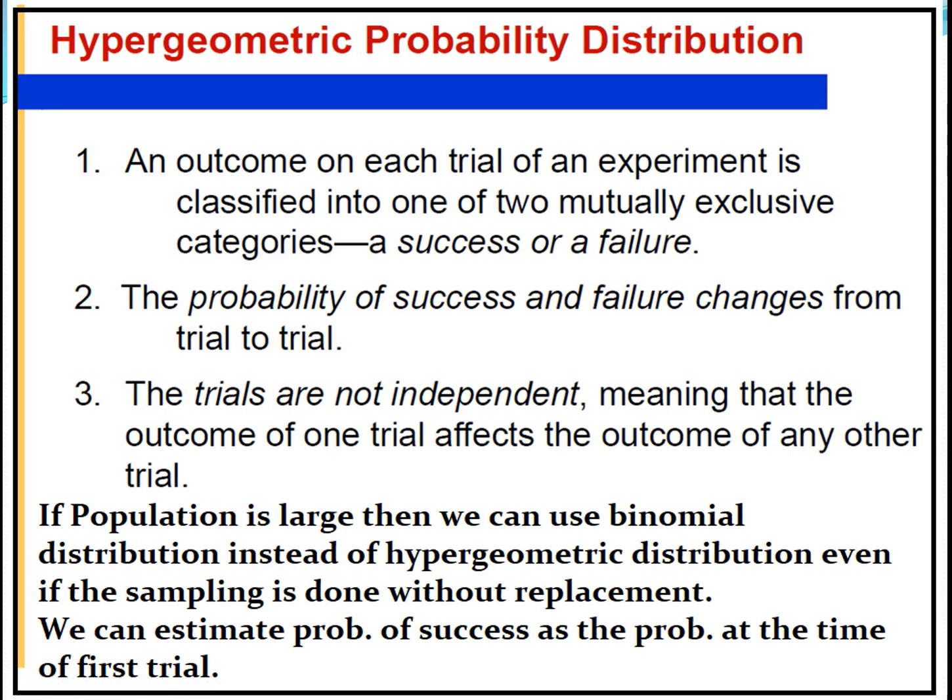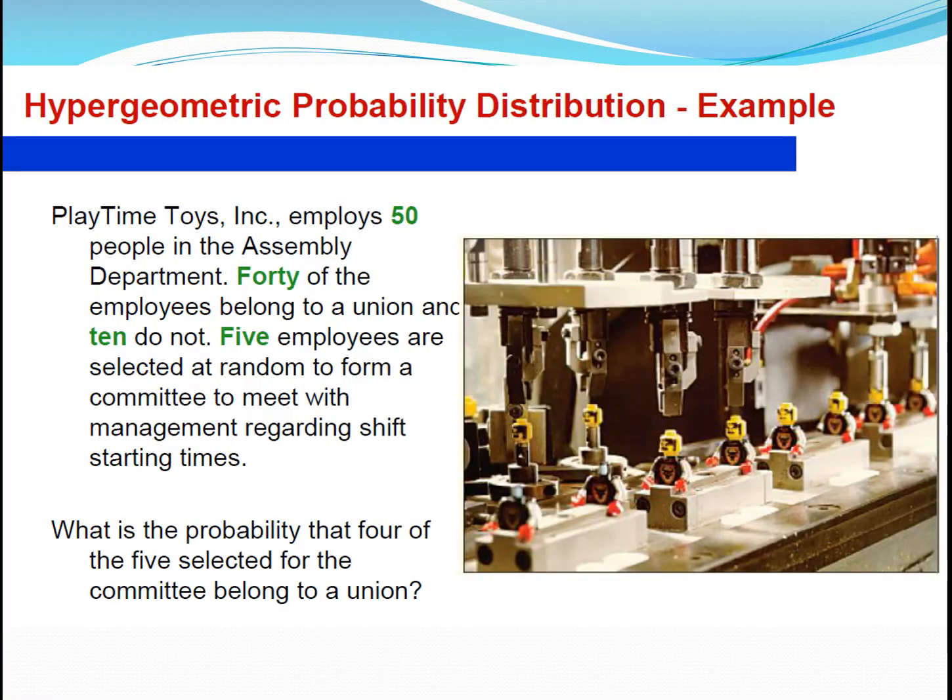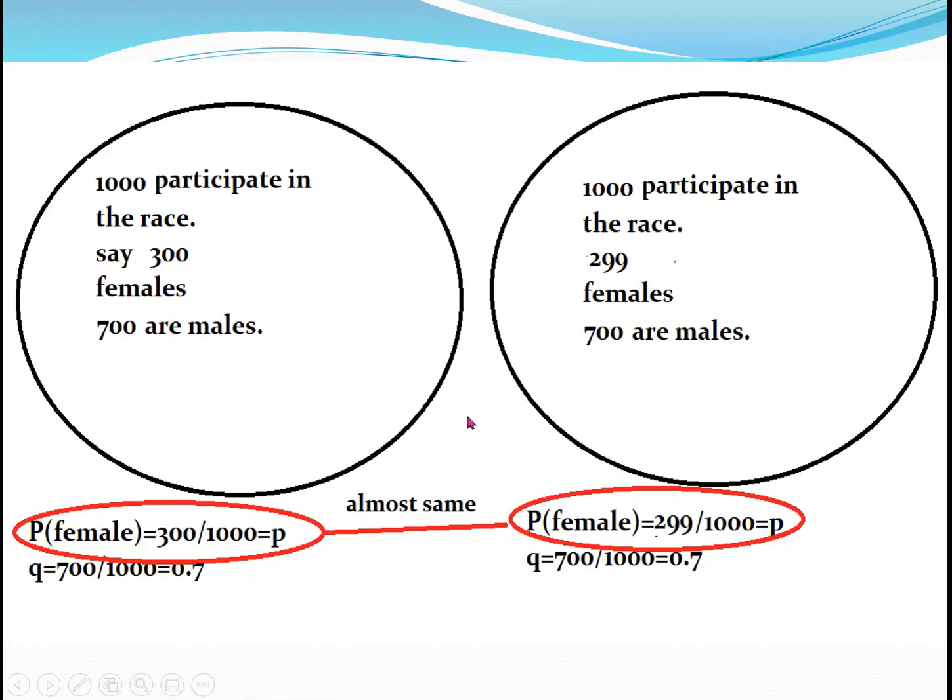In other words, let me focus on a point here, then I'll come back to these slides. For example, in the marathon example, if there are 1000 participants in the race, out of which 300 are females and 700 are males, then the probability of female at the time of the first marathon is equal to 300 divided by 1000.